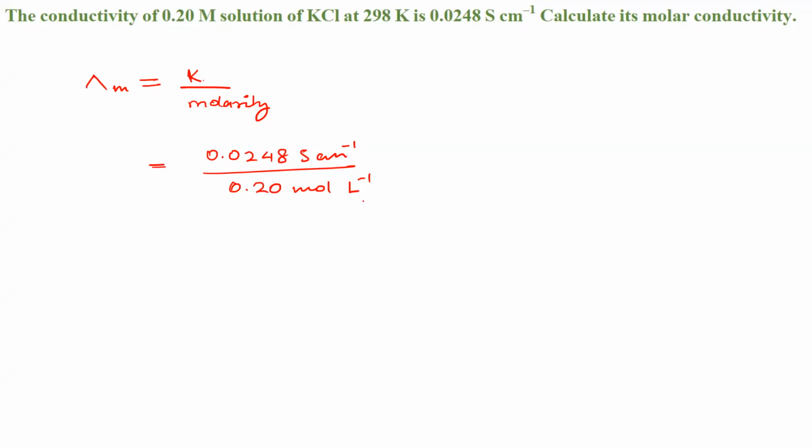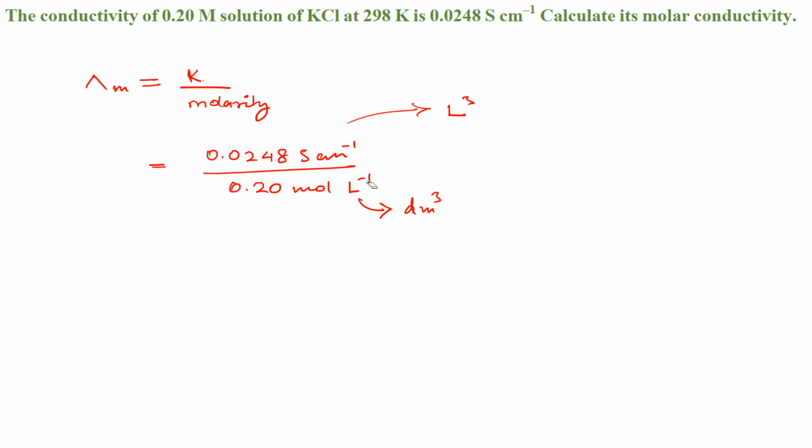Liter is dm cube. So liter or centimeter, both of these are a variation of length, correct? If you have length in only one dimension, that means it is centimeter. And if you have liter or volume, then the length is cubed.